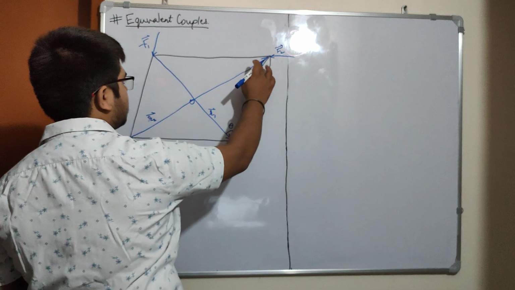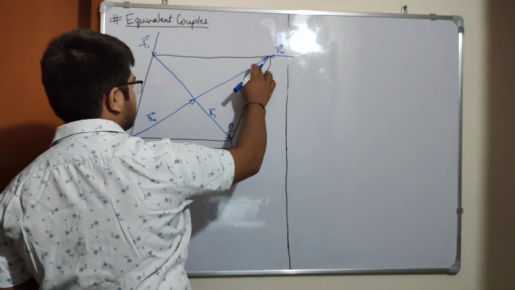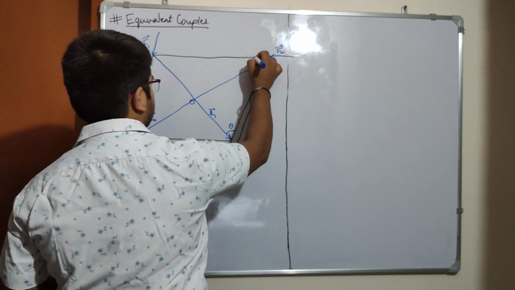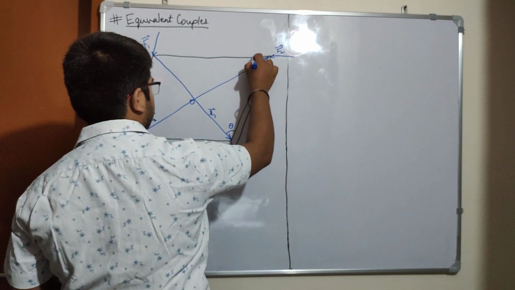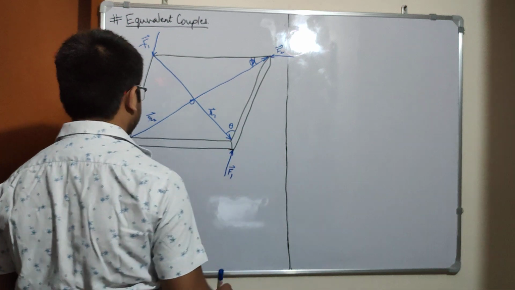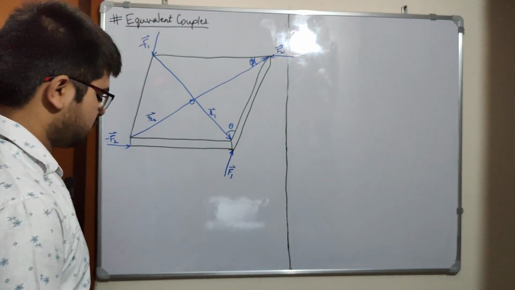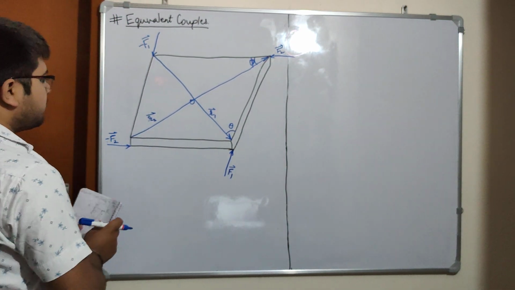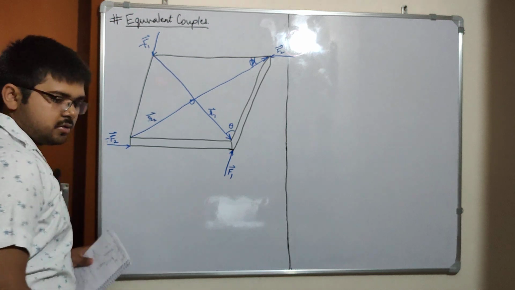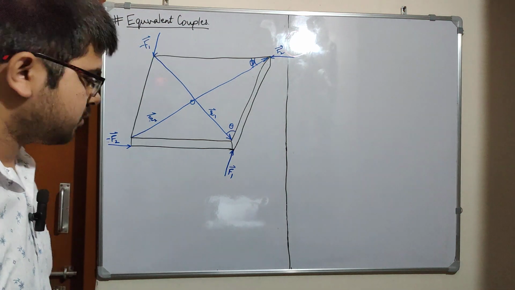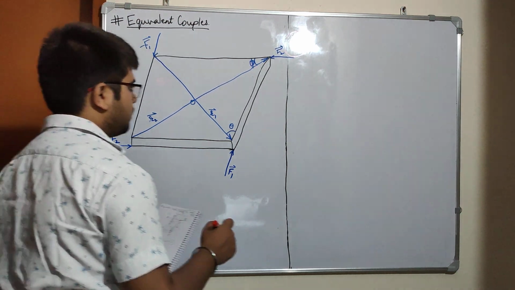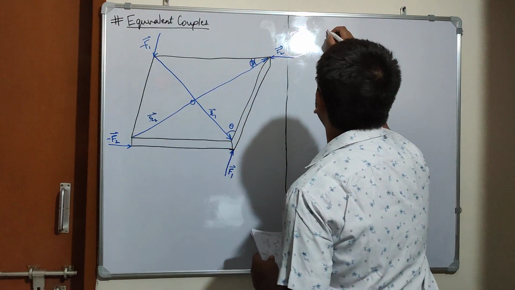Phi would be this side. So we have moment one vector.